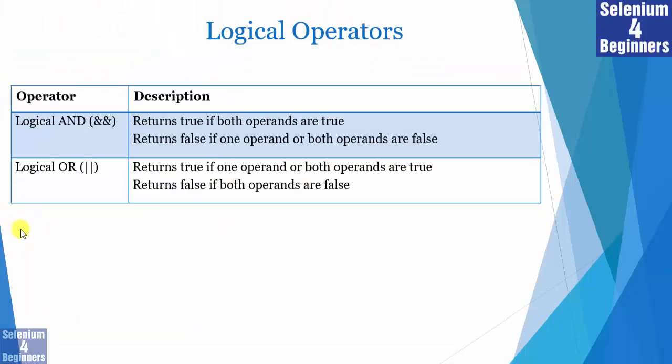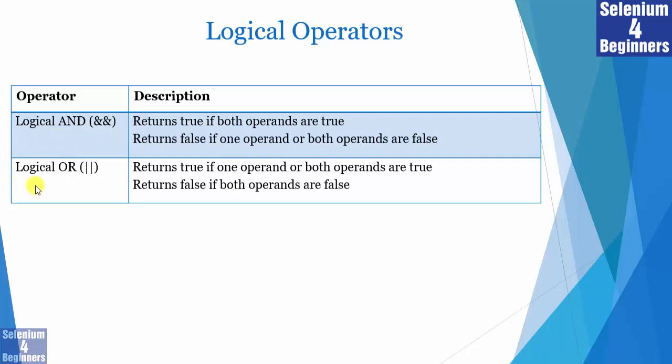Next are the logical operators. Logical and, logical or. Logical and has two ampersand symbols that return true if both operands are true. It also returns false if one operand or both operands are false.